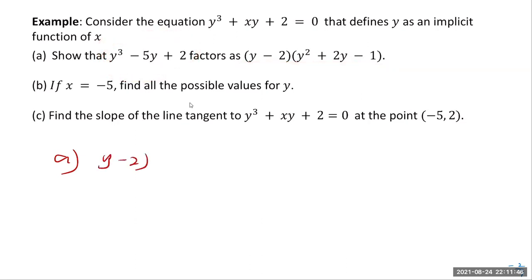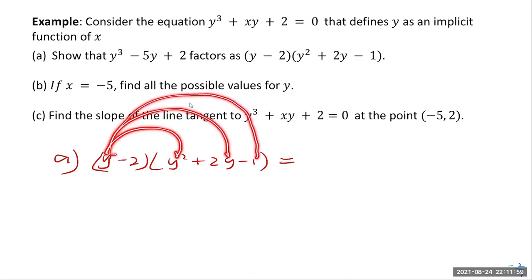Y minus 2 times y squared plus 2y minus 1. Okay, I'm going to use FOIL. You multiply this by this, this by this, this by this, and then you multiply this by this, this by this, this by this. That's the usual foiling. Okay, you foil this one.